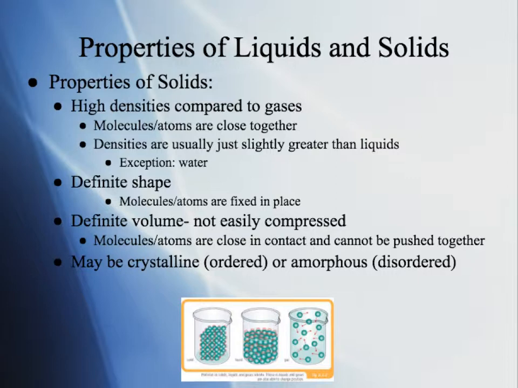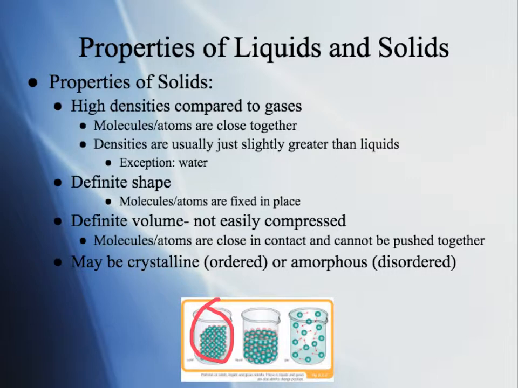Just like liquids, they are not easily compressed, and for the same reason: those molecules and atoms are in close contact and cannot be compressed any further. We can see that even here in the picture. They're very close together, and so there's not much space in between them, so we cannot squeeze those atoms or molecules any closer together.